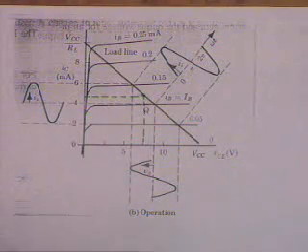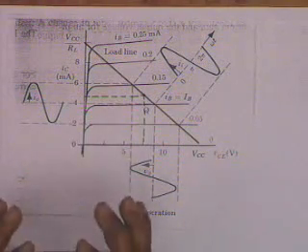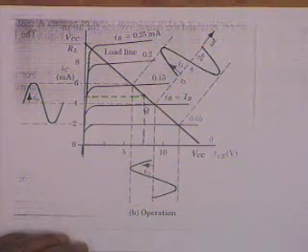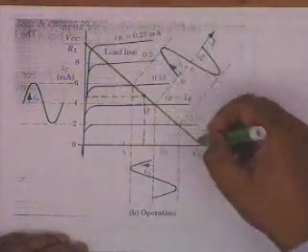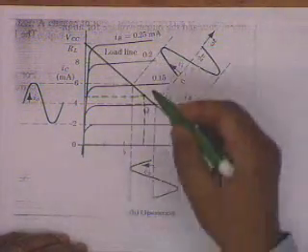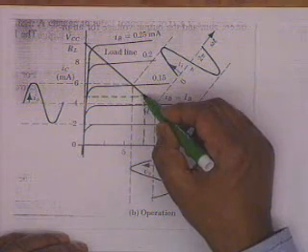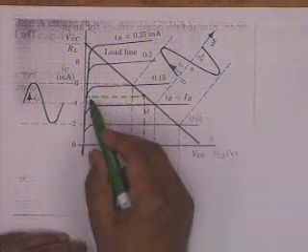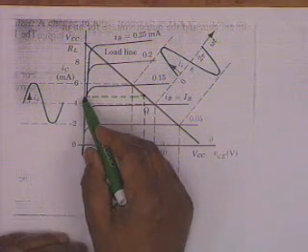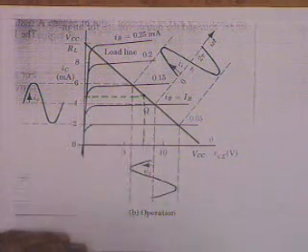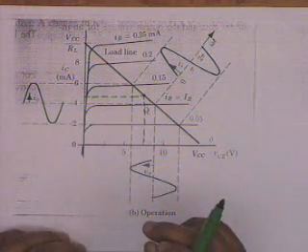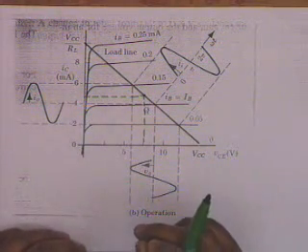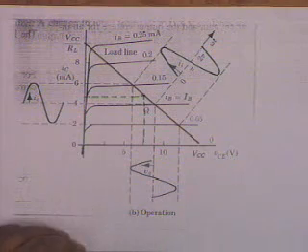The DC load line and AC load line for this example are the same, and it is this orange curve. The Q point is here at 7.5 volt DC and 5 milliampere. Can you tell me what is the maximum possible voltage swing?